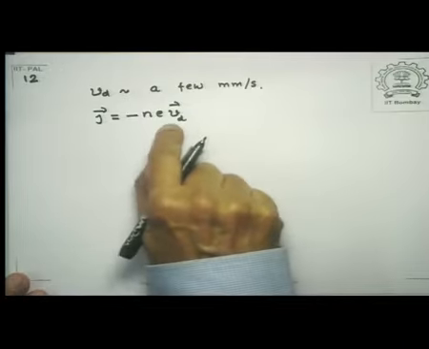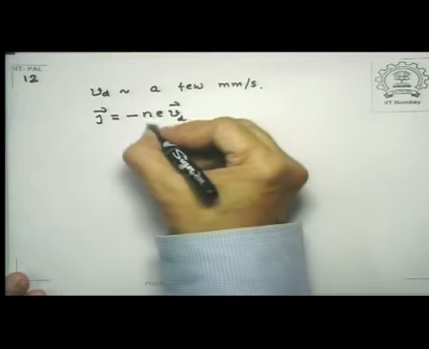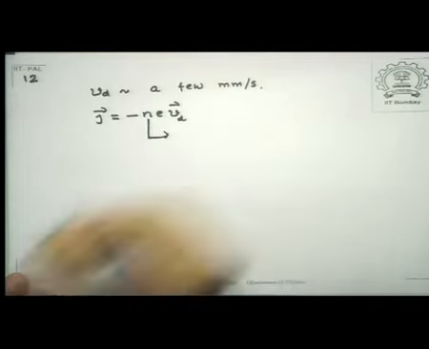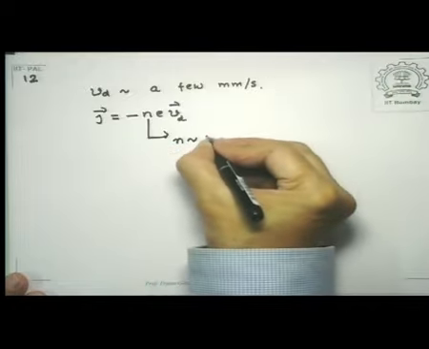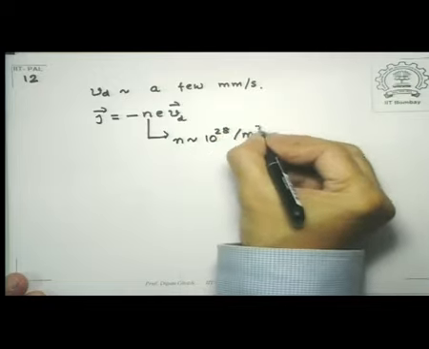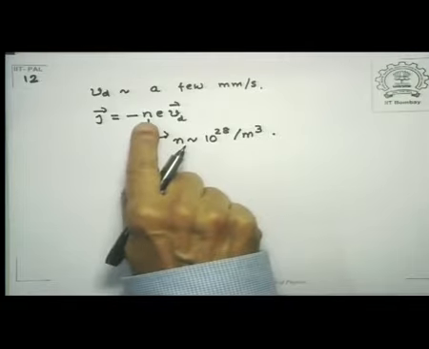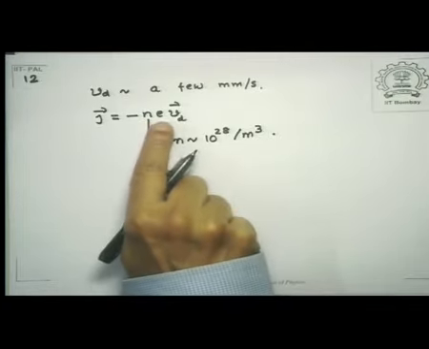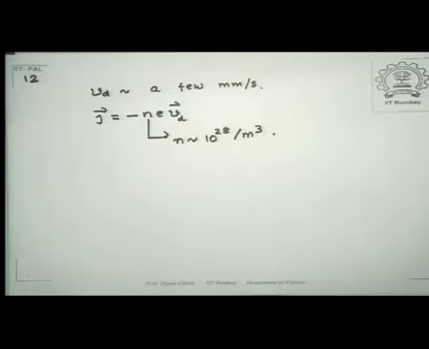So, the reason why the current density is not that bad is because n is a large number, and we had calculated it some time back, and we found n is of the order of 10 to the power 28 per meter cube. So, this number more than compensates for the product of these two numbers, which is small.